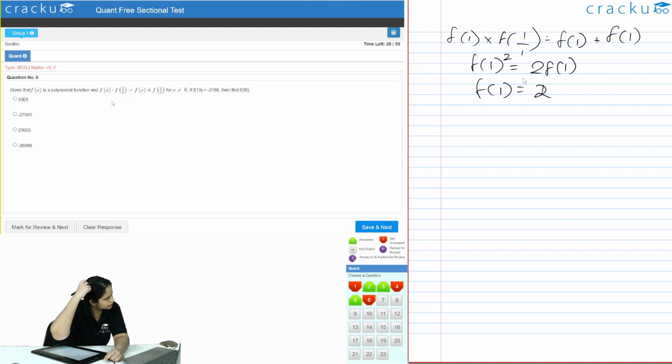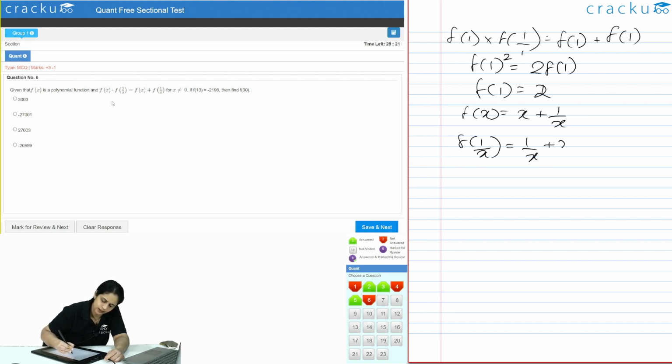What would be the general form of this? f of x into f of 1 by x is equal to f of x plus f of 1 by x. So if I say this is of the form f of x is equal to x plus 1 by x, what is f of 1 by x? f of 1 by x will be equal to again 1 by x plus x.